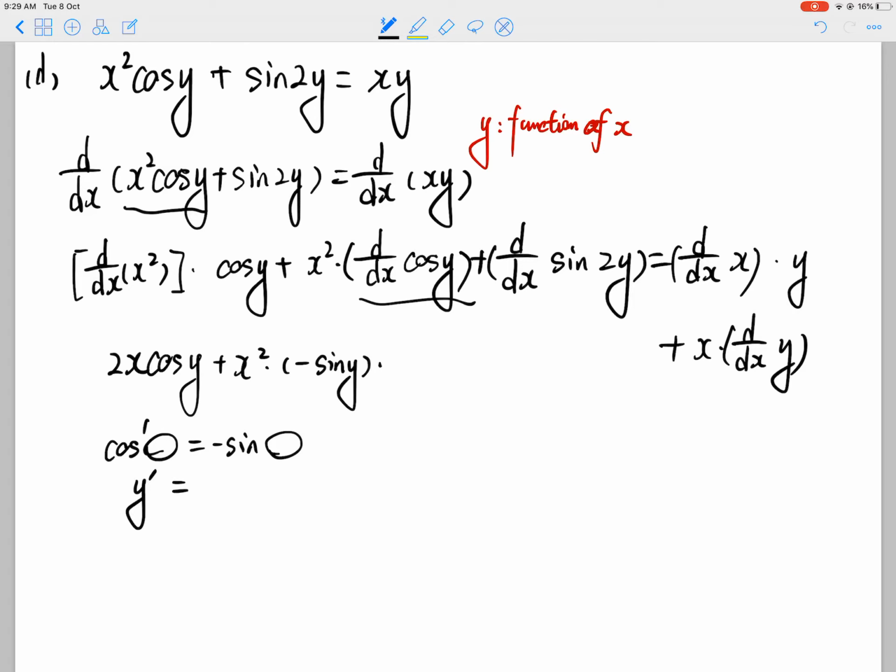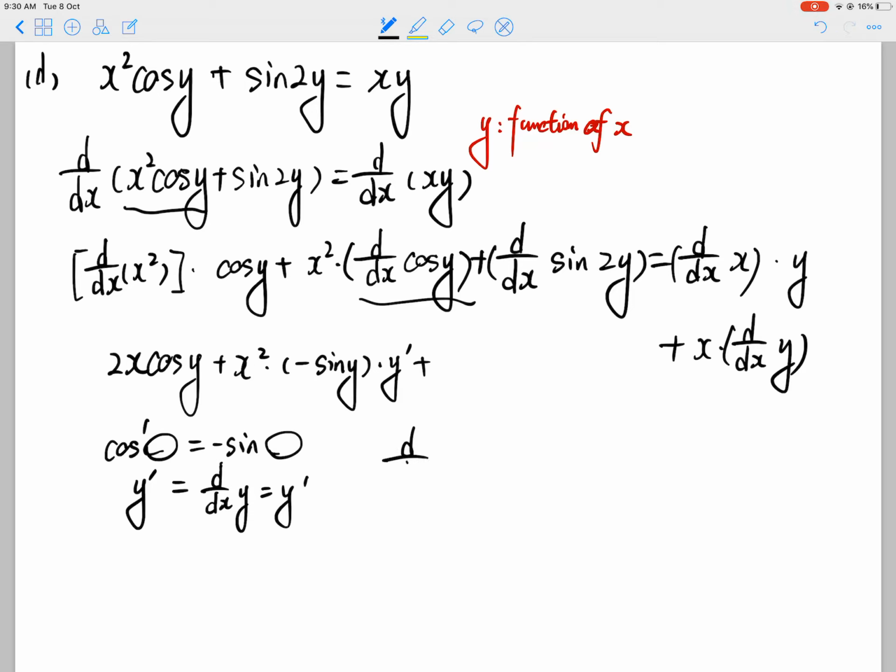It's just d over dx of y, or y prime. So that's why you can't just write negative sine y. You have to multiply by y prime, because this is a derivative with respect to x, not a derivative with respect to y.